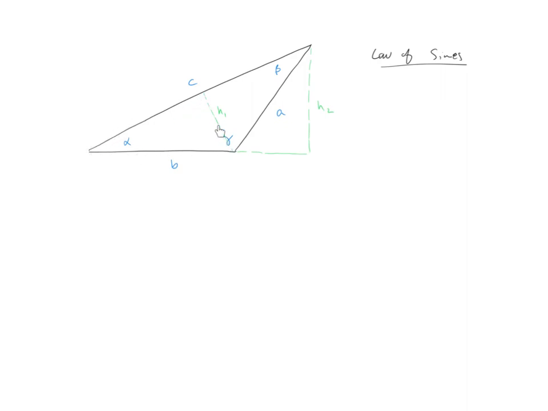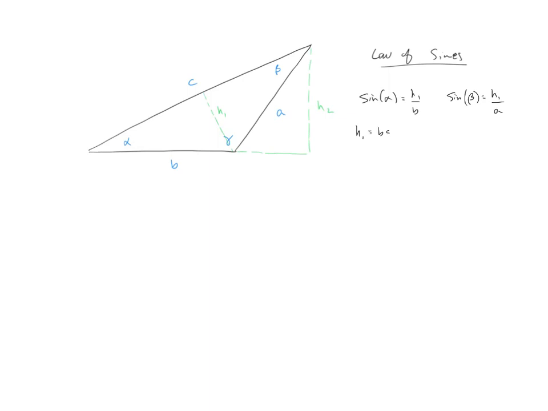So for that triangle, if I want to know sine of alpha, you can see sine of alpha would now be h1 over b. And now focusing on this triangle right here, sine of beta would now be h1 over a. So I'll take both of these and solve them for h1.